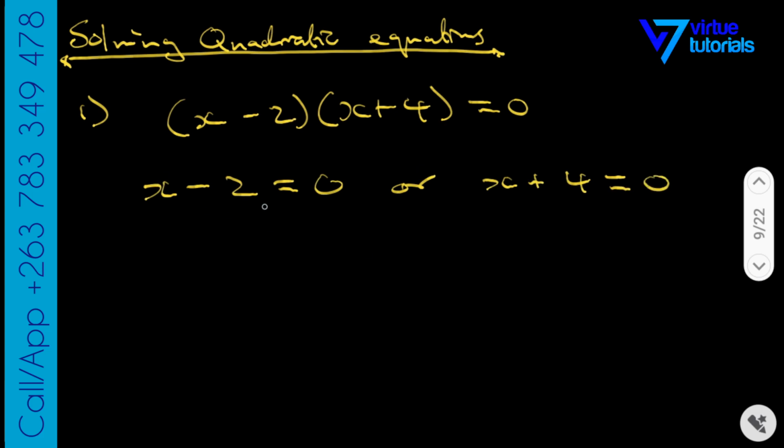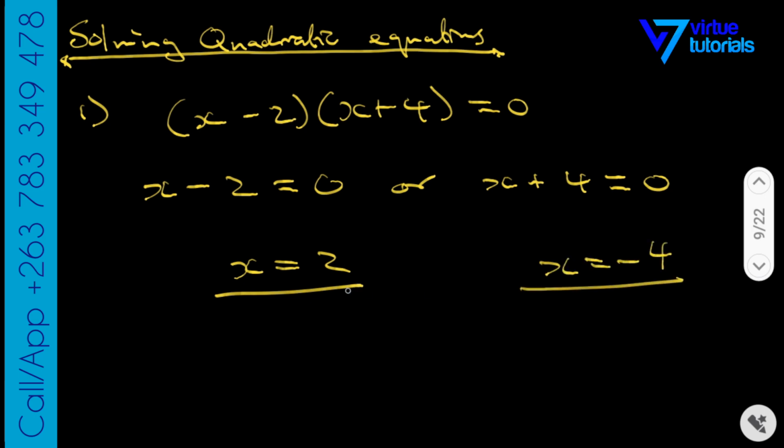And then we can solve this. Take minus 2, that side becomes a positive 2. We get x is equal to 2. And then we solve that. Take 4, that side becomes minus 4. We get x is equal to minus 4. So this is the solution for the quadratic equation. It has more than one solution, so it's got two solutions. In some cases, you can call these solutions roots. So x is equal to 2 or x is equal to minus 4.